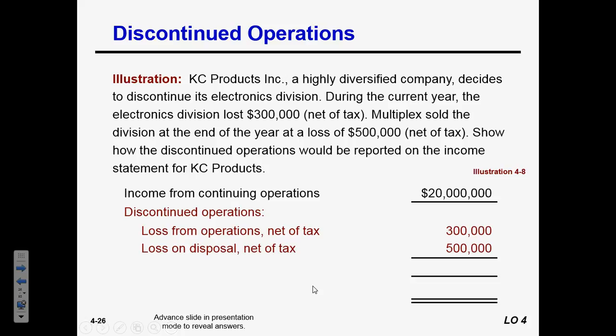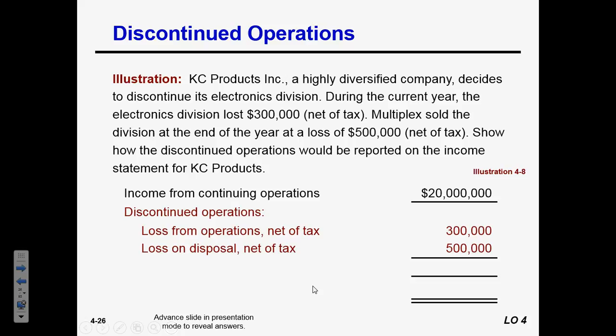And before tax, instead of calling it income before tax, it's income from continuing operations before tax. It's logical. When you read this chapter, it makes sense, especially after we talk about it a little bit. Okay, anyway, all these are going to be shown net of tax. So what this was is a loss from operating. And then what this is, a loss on disposal. Could this be a gain from operations and then a loss on disposal? Yes.